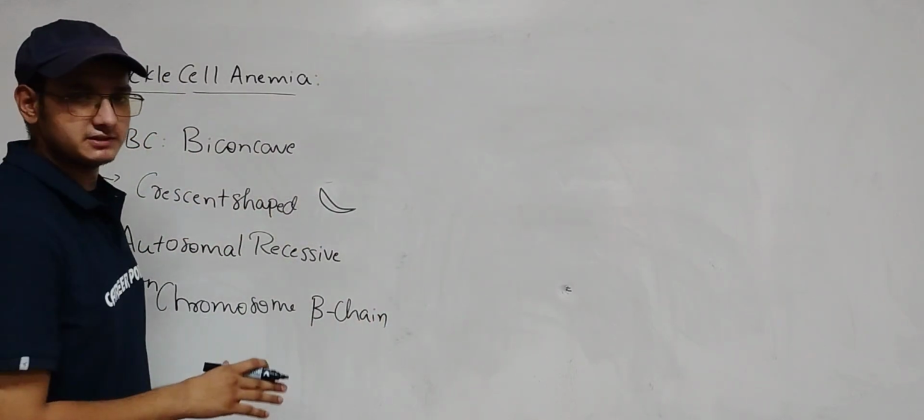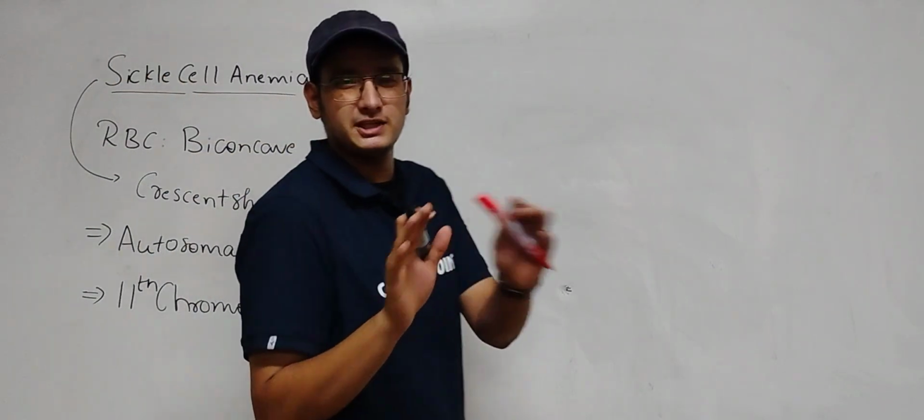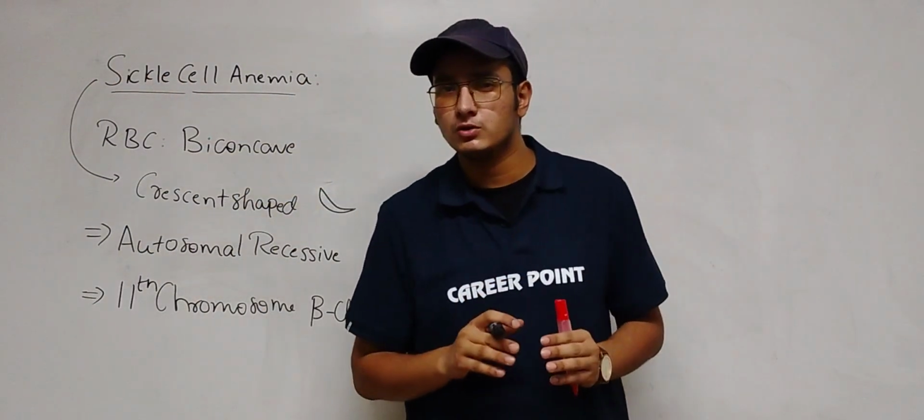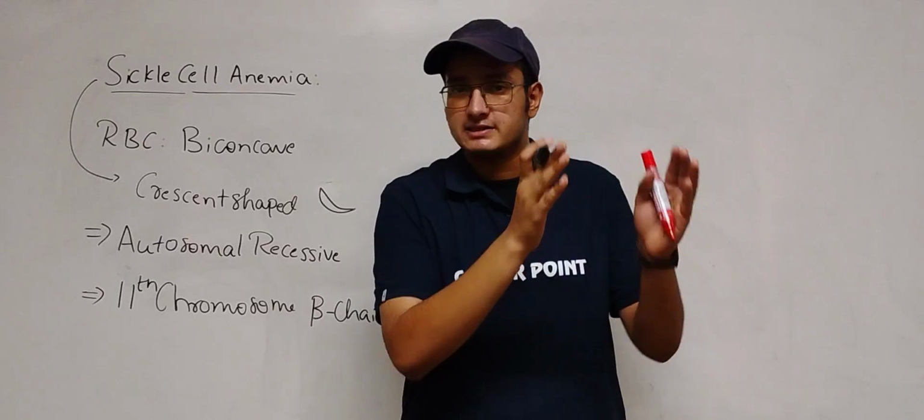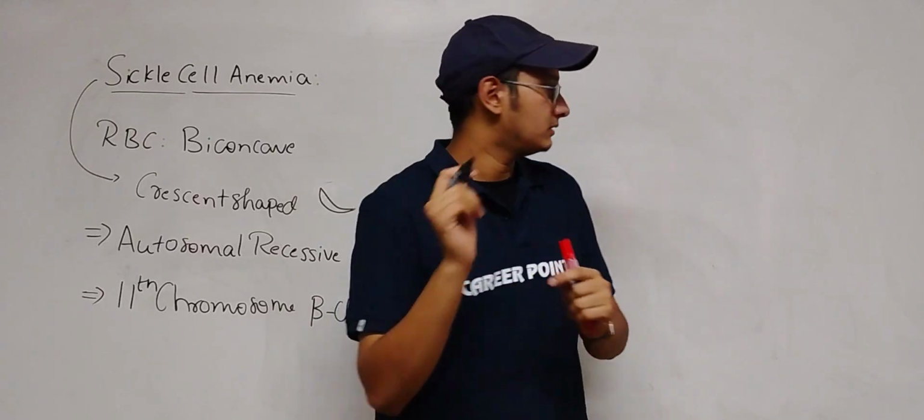Before going into this, I want to give a general view of hemoglobin. We know about hemoglobin. It has two chains, alpha chain and beta chain.